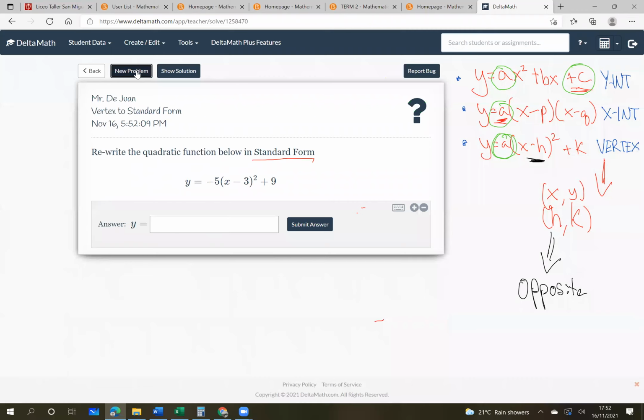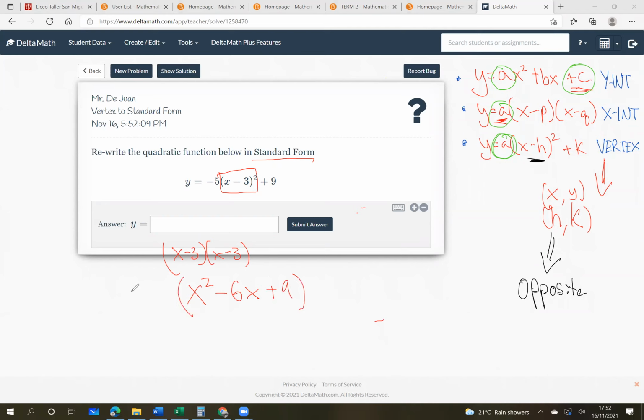Let's do one more. X minus 3 squared. So x minus 3 times x minus 3, which is, well, there's a simple way of doing this. The b term is always double.